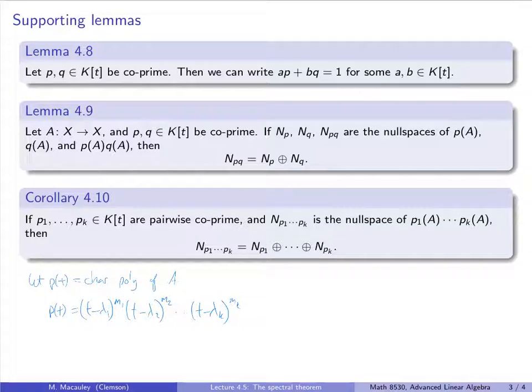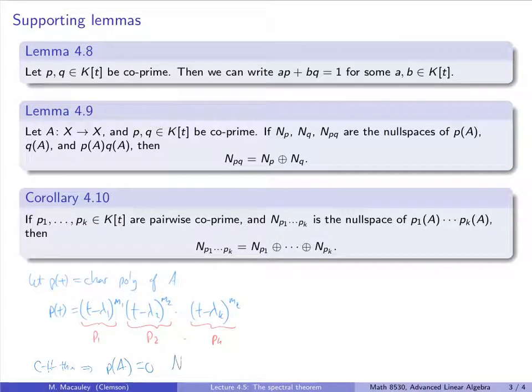Now let's call these P_1, P_2, and P_k. And think about what happens when we plug in A. By the Cayley-Hamilton theorem, P of A is the zero map.